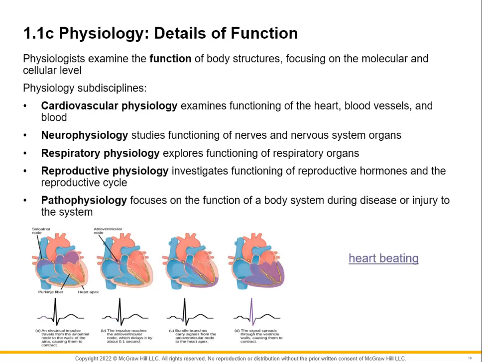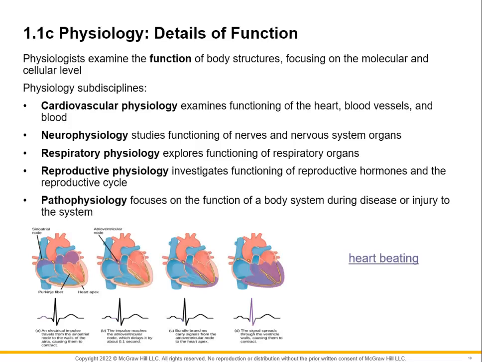How does the heart function? What is it that the blood does? How does it maintain blood pressure along with the vessels and the heart? So there are many things to look at with cardiovascular physiology and many subdivisions within cardiovascular.